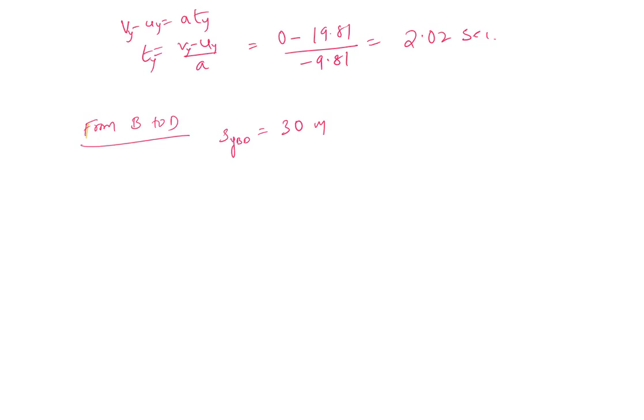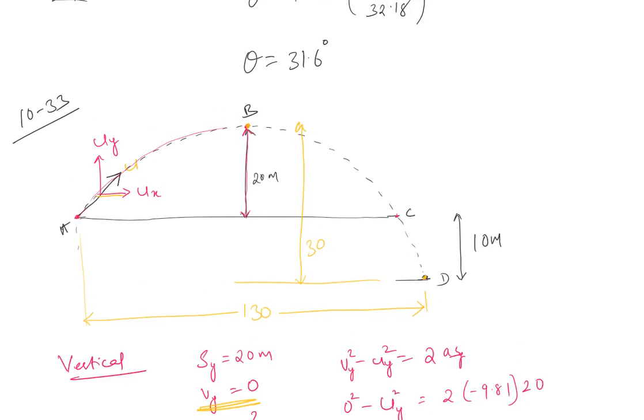And then the vertical initial velocity here is 0, right? From A to B, the vertical velocity decreases until it becomes 0 at B, and then from B to D it keeps on increasing.